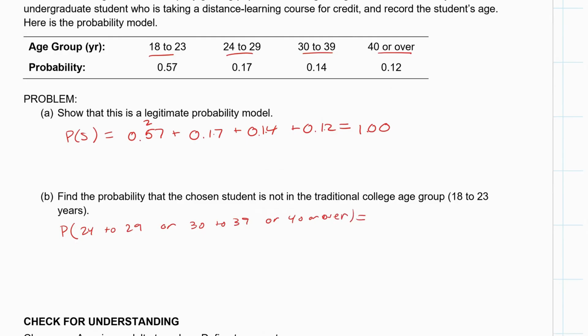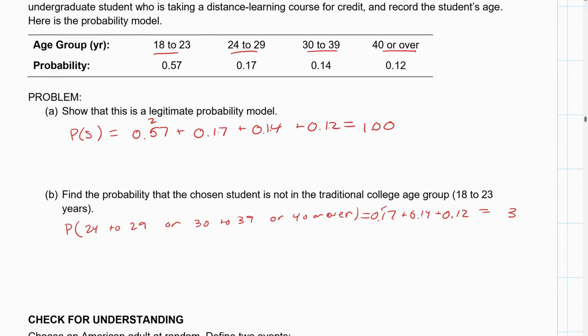And I could add up all those probabilities. 0.17 plus 0.14 plus 0.12. 7 plus 4 is 11, plus 2 is 13. Carry the 1. 1, 2, 3, 4. Looks like it's about 43%. That's one way to do it.